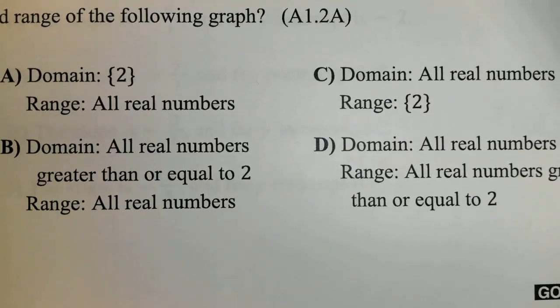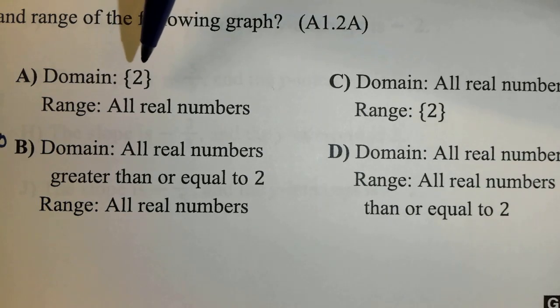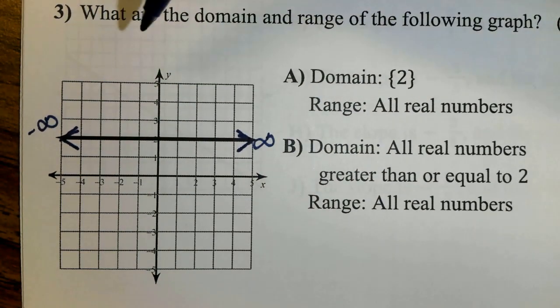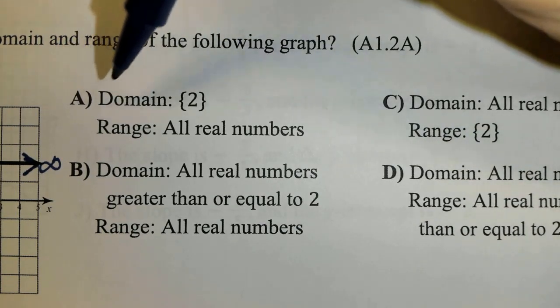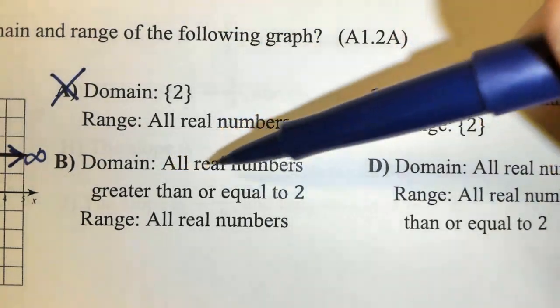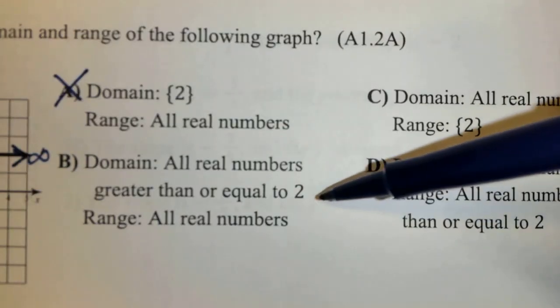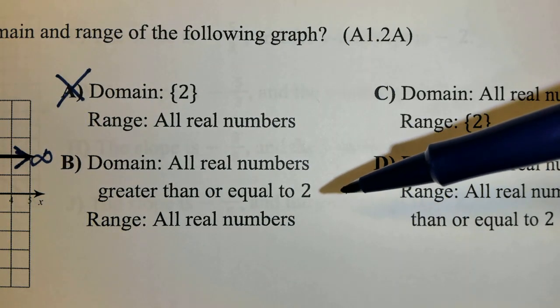Again, I'm going to do one thing at a time. So domain, 2, just 2. Okay, well, I just said I go from negative to positive infinity, so I can't just be 2, right? I'm every single number, so that's wrong. Okay, look at B, all real numbers greater than or equal to 2. Well, if I go to negative infinity, I'm going to go below 2, right? So that one can't be right.